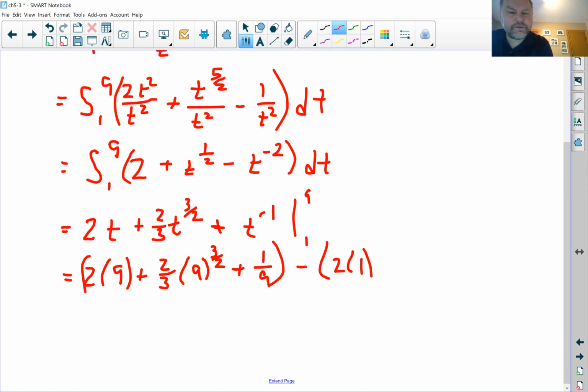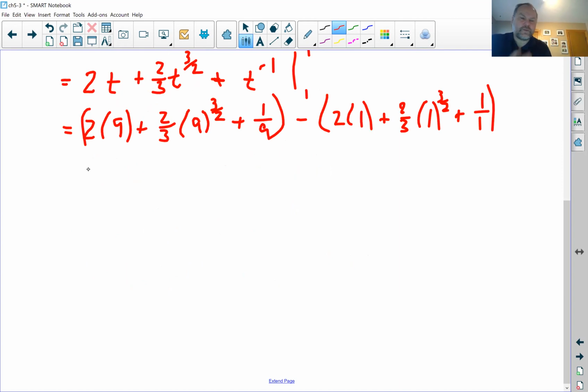Plug in 9, plug in 1. This would be 18. The square root of 9 is 3. 3 cubed is 27. 27 times 2/3 is 18.